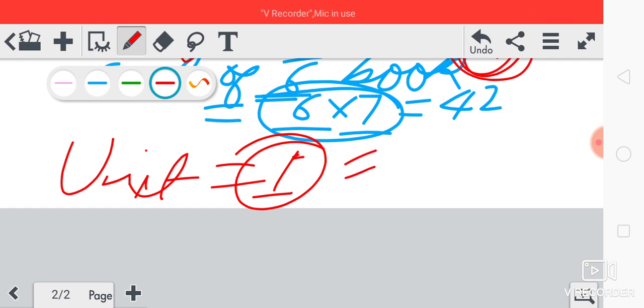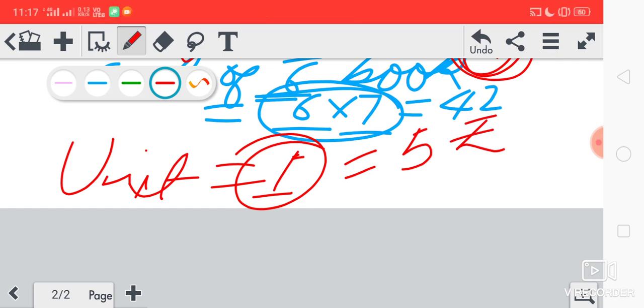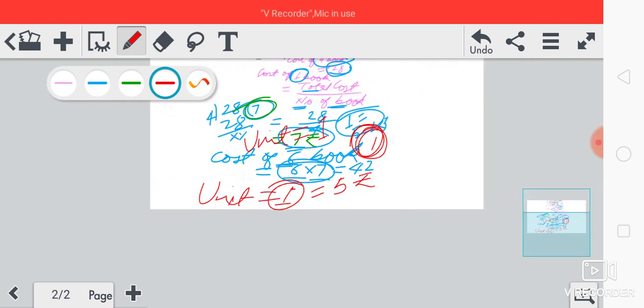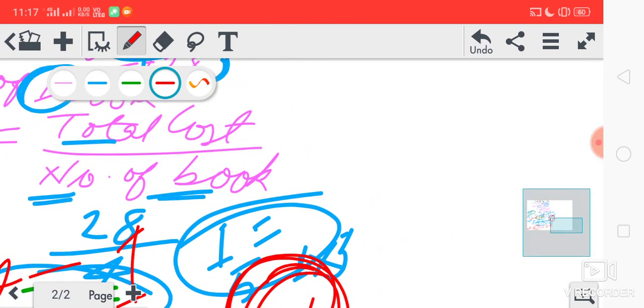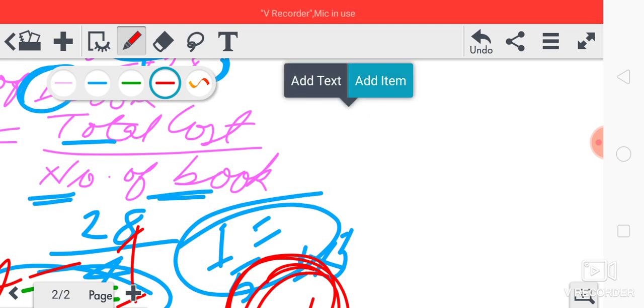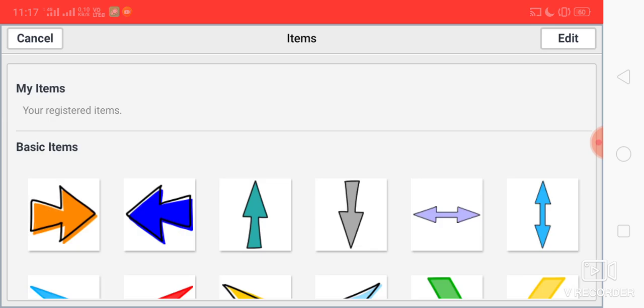Cost of 1 pencil is given as 5 rupees, then cost of 4 pencils will be equal to how much? If I ask you what will be the cost of 4 pencils, cost of 1 is given as 5.